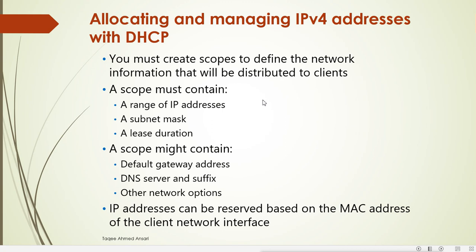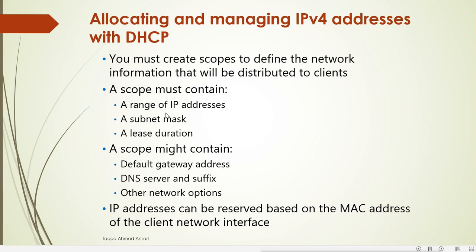The scope will have the range of IP addresses which we want to distribute. Whatever range of IP addresses we have and want to distribute, we have to configure it under the scope.